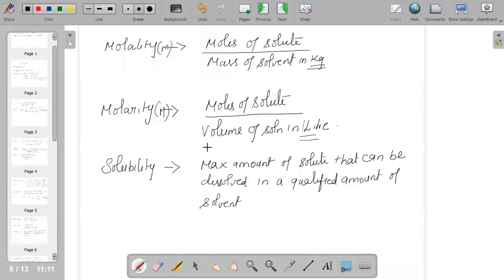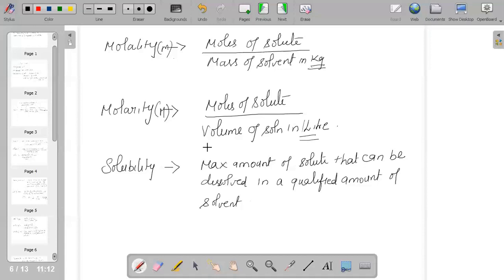That is, polar solvents like water, ethanol, or formaldehyde will dissolve polar solutes, whereas non-polar solvents like pyridine, toluene, hexane will dissolve only non-polar solutes. And of course, solubility is affected by temperature.